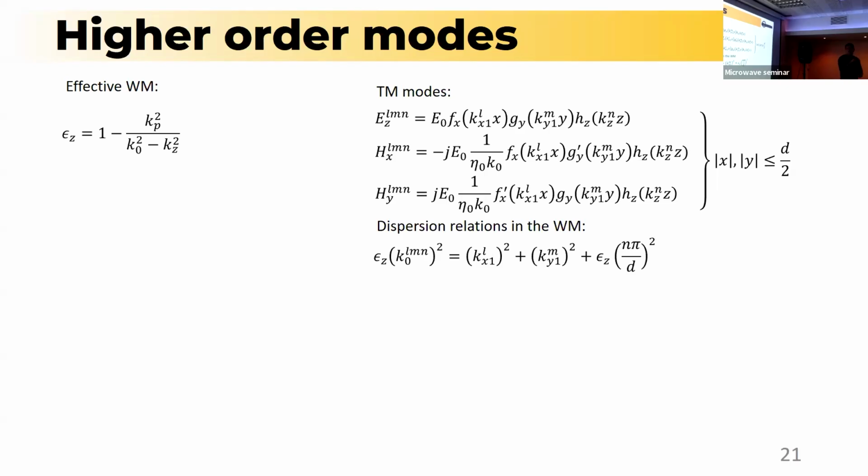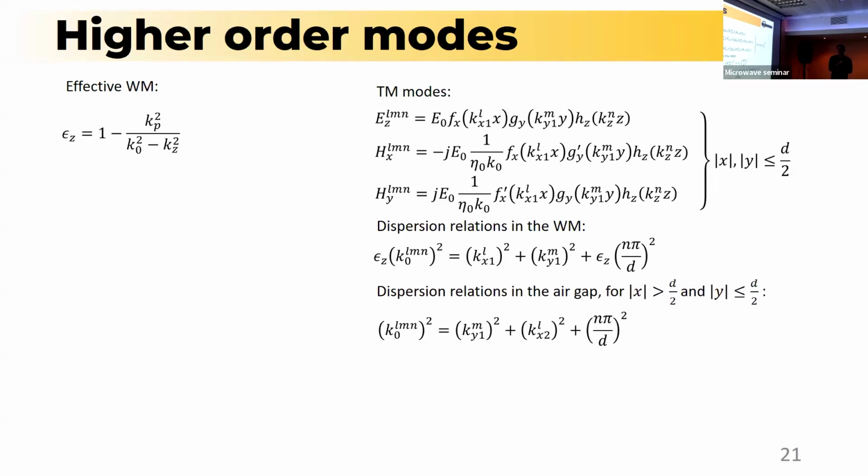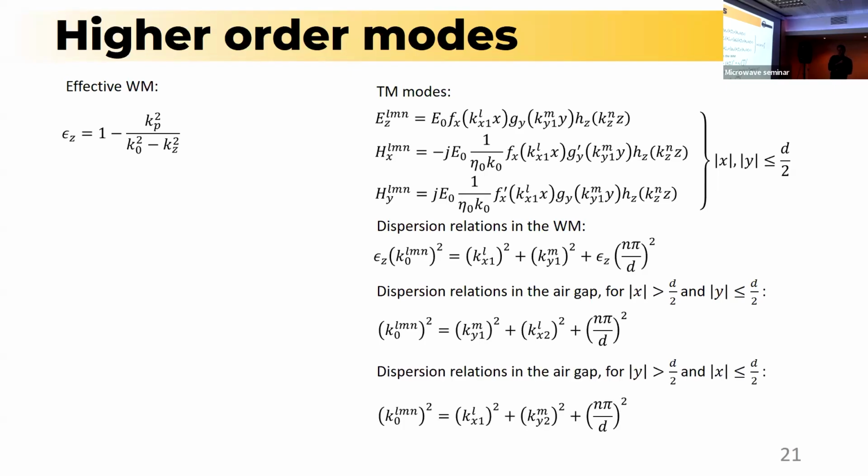And we again need to check the dispersion relations in the different regions. So we need to check the dispersion relations in the wire media. We need to check the dispersion relations in the air gap region. And in this case, we need them in both, because X and Y are not the same anymore, because before we were focused on the fundamental mode.